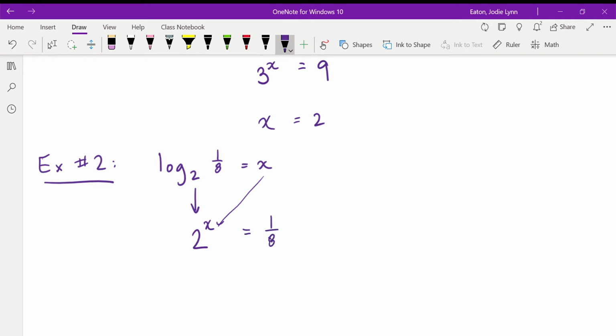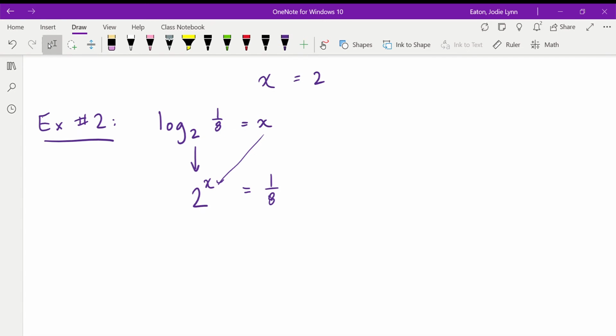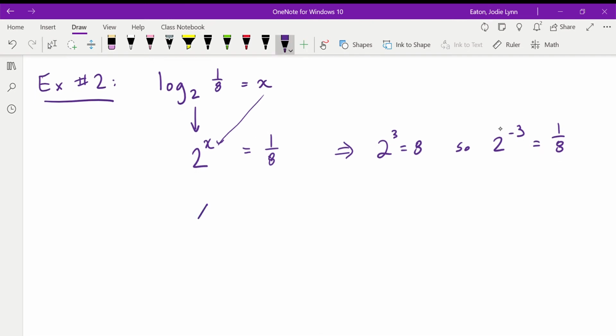I know that 2 to the 3rd equals 8. If I want the reciprocal, I have to make my exponent negative. So 2 to the negative 3 equals 1/8. The reciprocal is the negative exponent, so that means x equals -3.